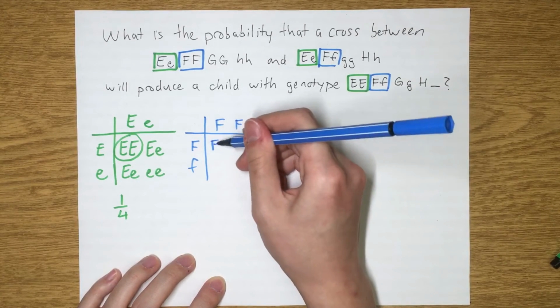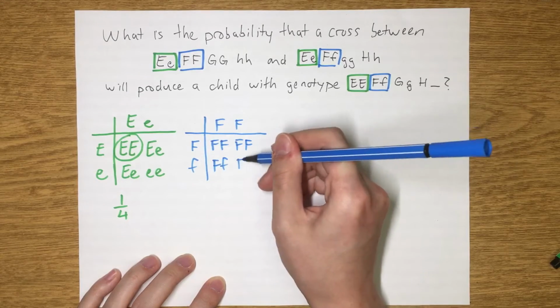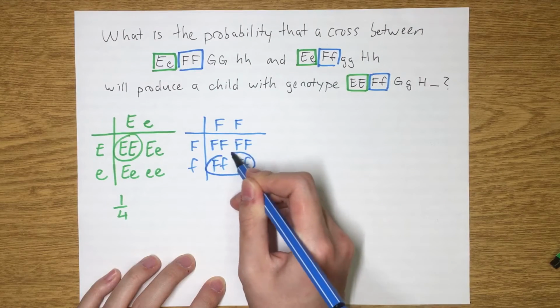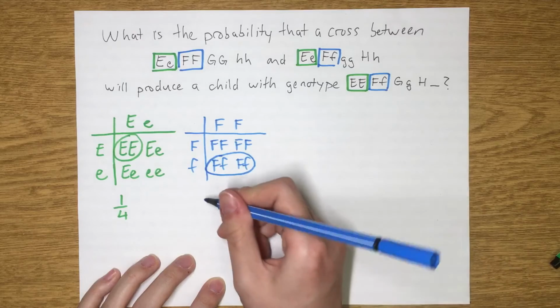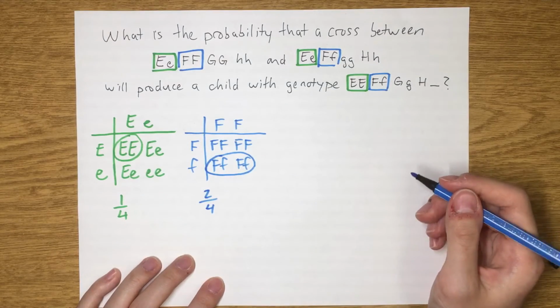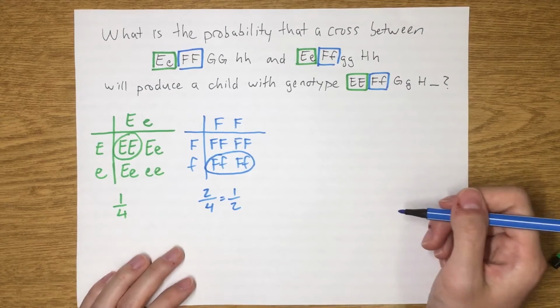So if we just do this Punnett square, we find that 2 out of 4 of these possible genotypes created by this cross create the heterozygous child that we want. So that would be 2 out of 4, or the probability would be a 1/2 chance.